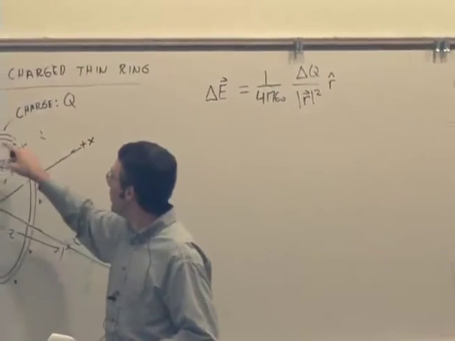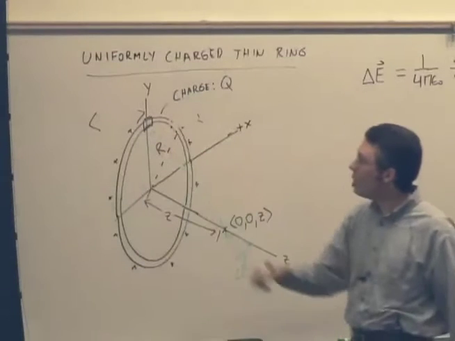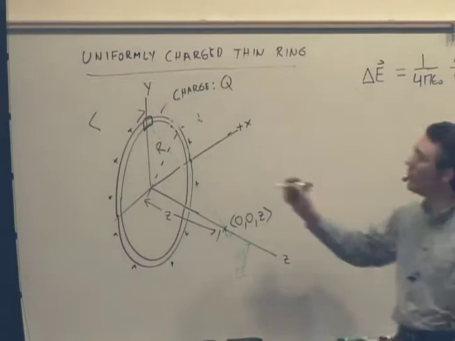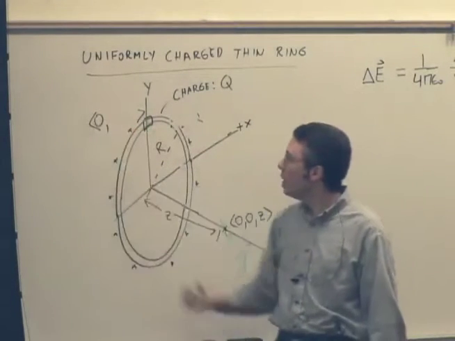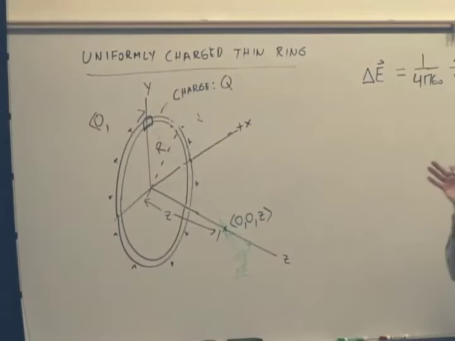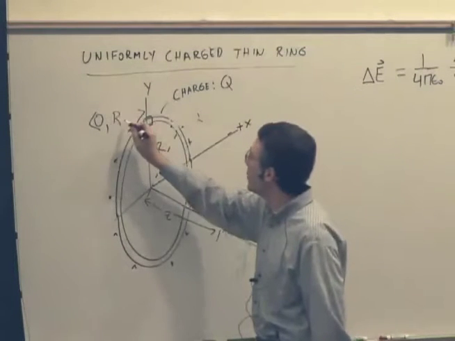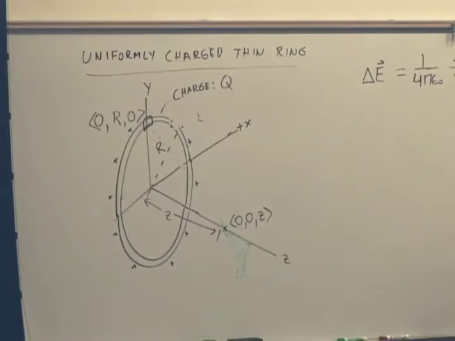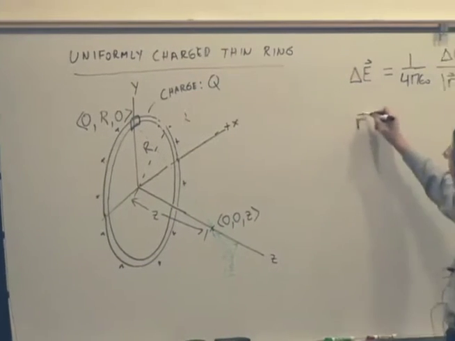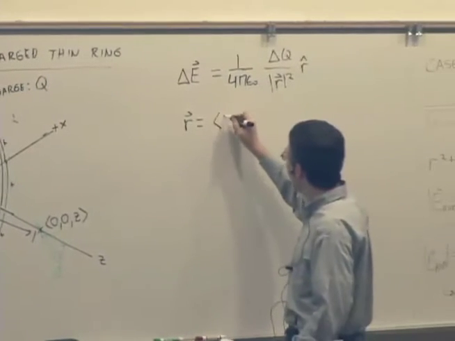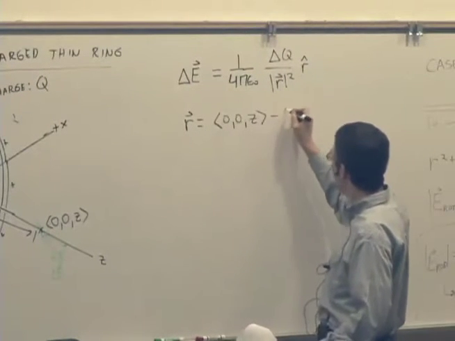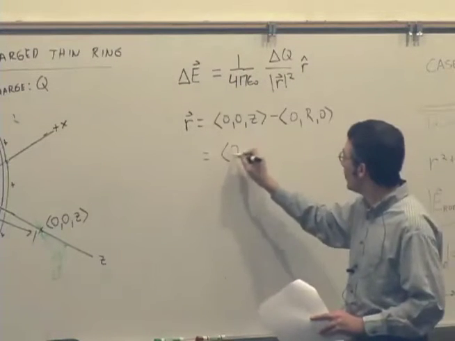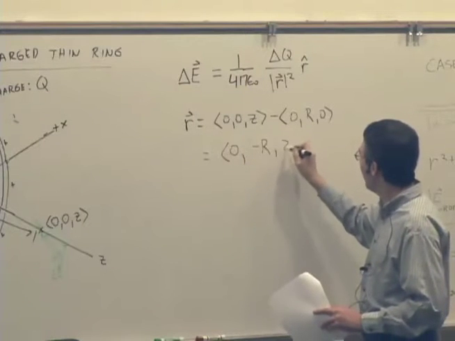What is the vector position of a piece at the very top? That would be x equal to 0, y equal to capital R, the radius, and z equal to 0. And our observation location is 0, 0, z. So little r is going to be 0, 0, z minus 0, R, 0, or 0, negative R, z.